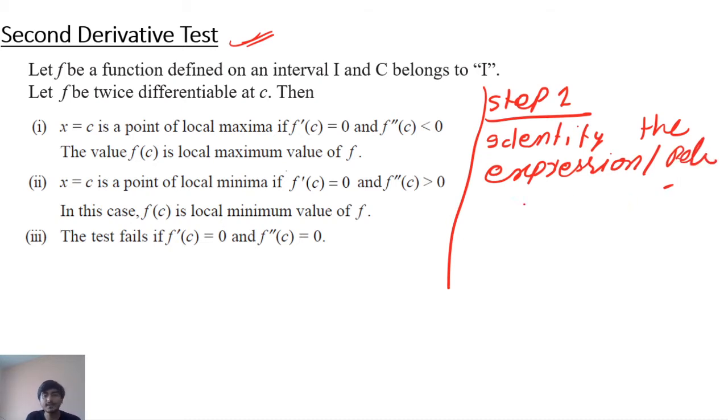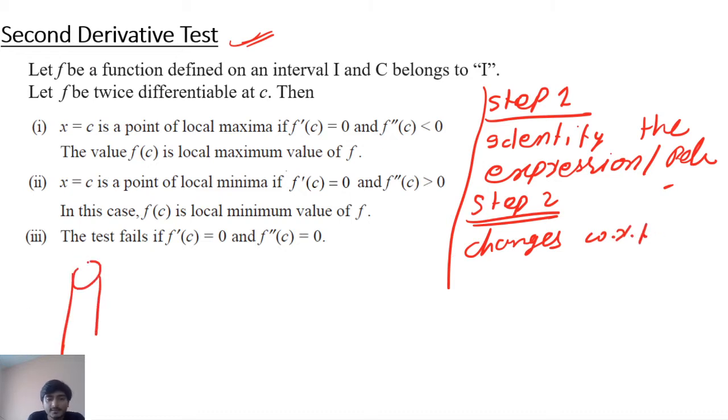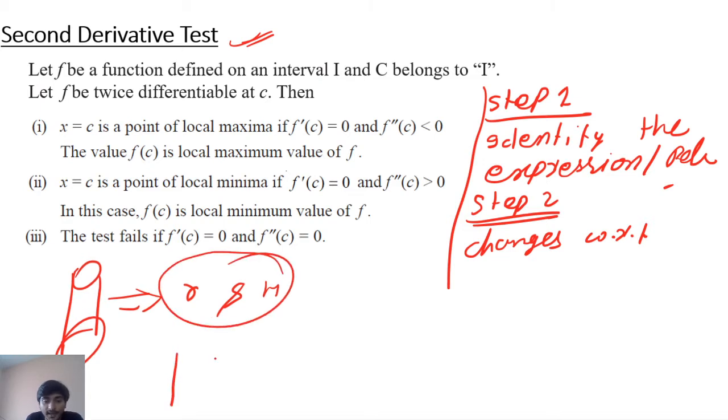Once you identify the expression or relation, you need to identify the changes with respect to what. Like, if I have a cylinder, it can change with respect to radius as well as height. But if you are taking a water tanker of cylindrical shape, the radius is not going to change, the radius stays constant.